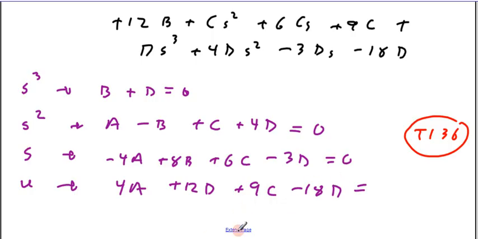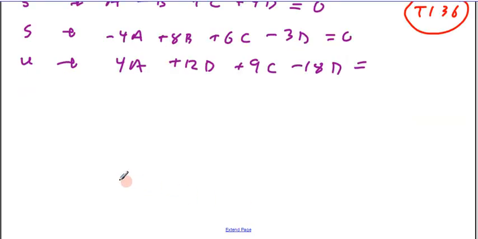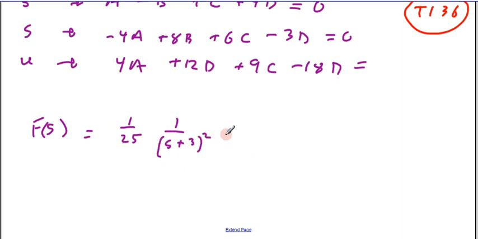So we come back and we say F of s is going to be A, which is 1 over 25, 1 over (s+3) squared, plus 2 over 125, which is B, 1 over (s+3). Then it's going to be 1 over 25 again, 1 over (s-2) squared.